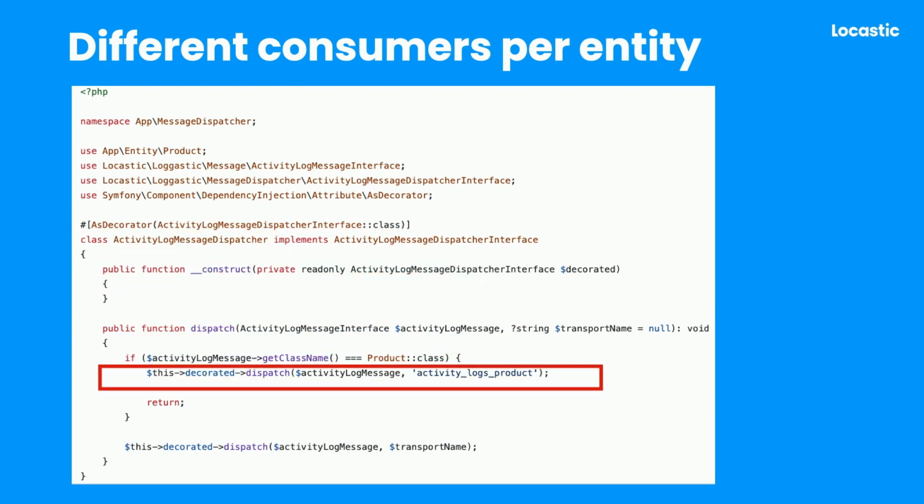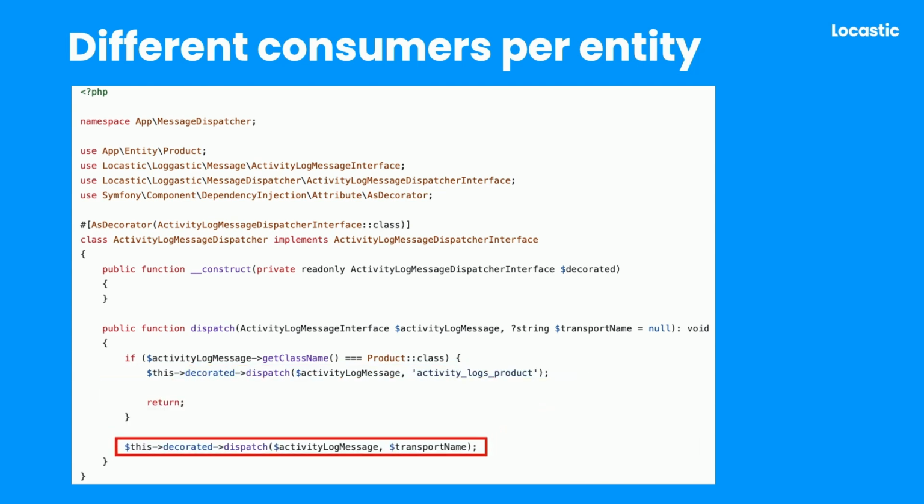So we can say, okay, if the class name is a product, then set it to the activity log product transport. So this is a very simple example, but you can have a bunch of transports and more logic for having more consumers, depending how much you want to optimize. And if not, you can just call the decorated method.